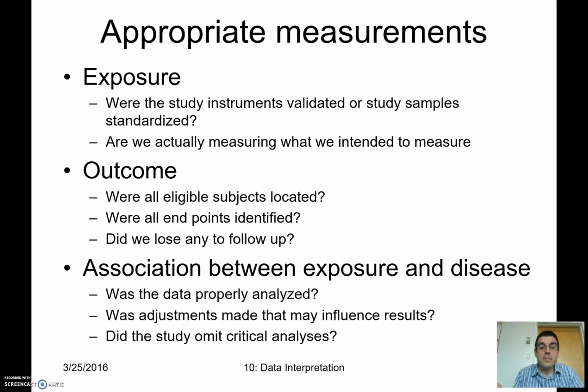Think of a vaccine trial where we have a new vaccine about ready to go onto the market, and we inject it into a study population, and then we can collect antibody samples or blood samples and determine whether that particular study instrument is valid.